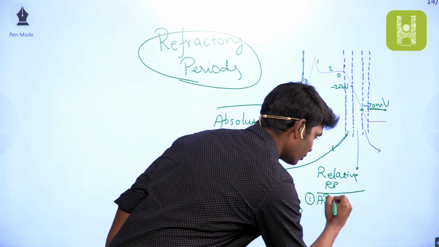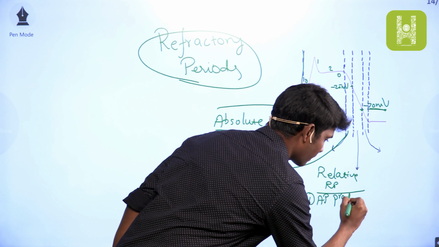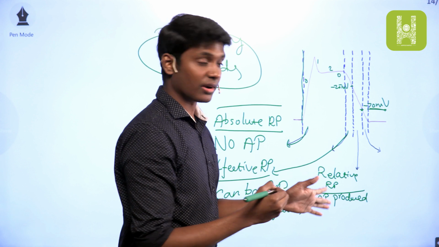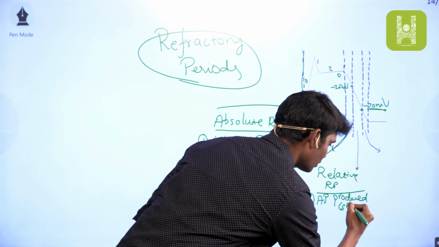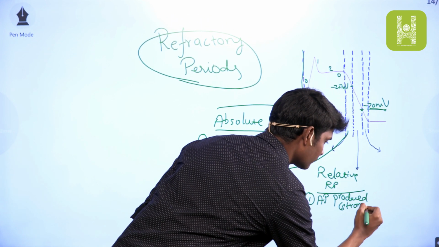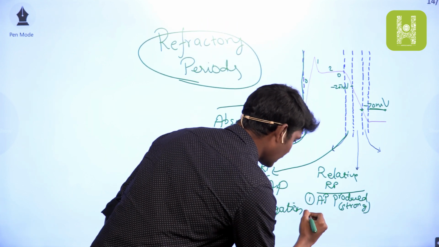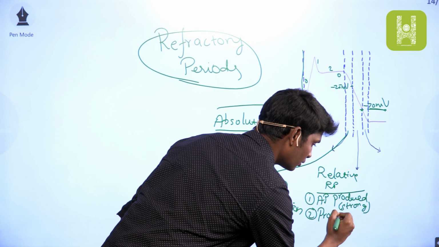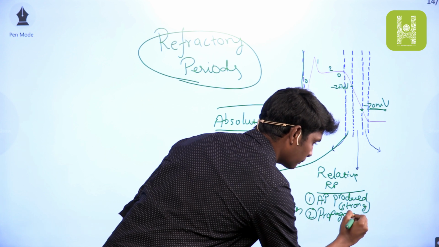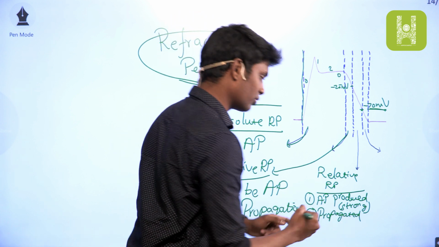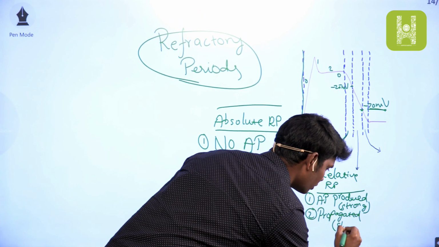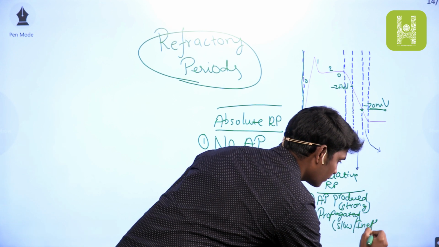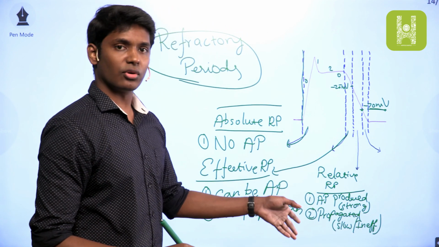So during relative refractory period, AP can be produced, that is action potential can be produced by a very strong stimulus. It can be produced, and it can be propagated also, but the propagation will be slow or ineffective.